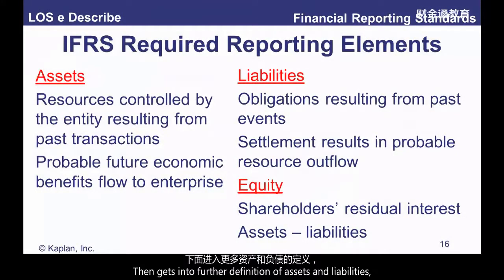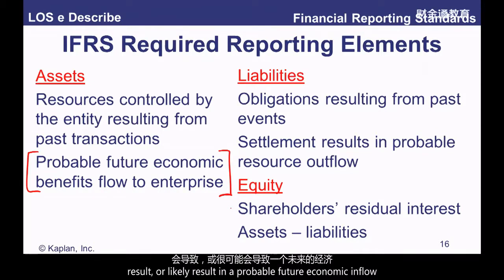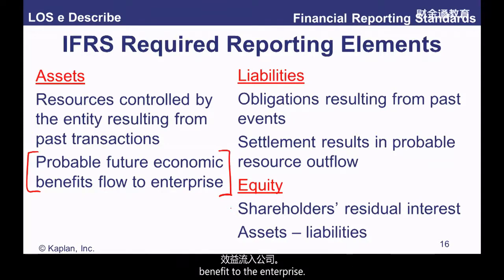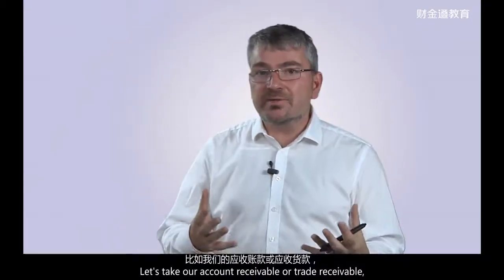So it then gets into a bit further definition of assets and liabilities. Notice an asset: a resource controlled by the entity resulting from past transactions. Fine with that definition. This is the one I really want you to take with you away from this reading. An asset will result, or is likely to result, I should say, in a probable future economic benefit inflow to the enterprise. Let's take our accounts receivable, our trade receivable.